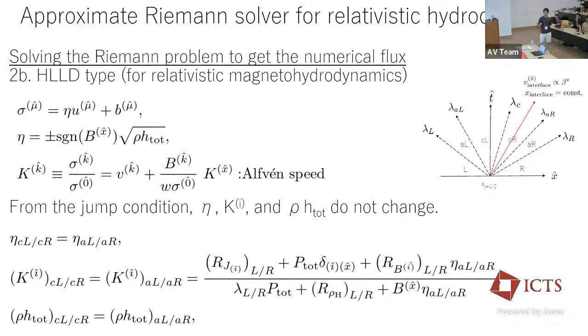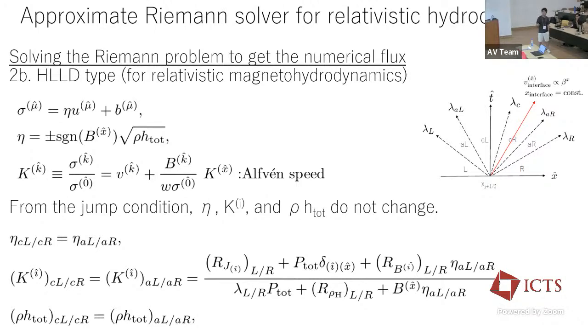By examining the jump conditions, you may come up with eta here and ki here, and the total specific entropy does not change across the Alfvén wave. This is a property of the Alfvén wave. So now you connect the solution from the AL and AR states to the CL and CR states by this equation, because the ether KIH doesn't change across this Alfvén wave.